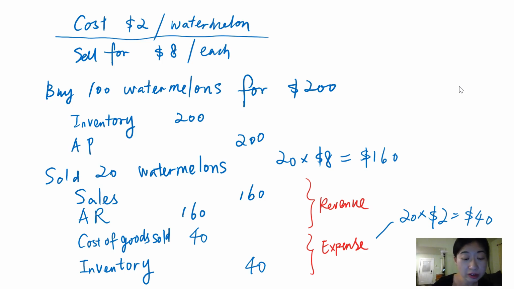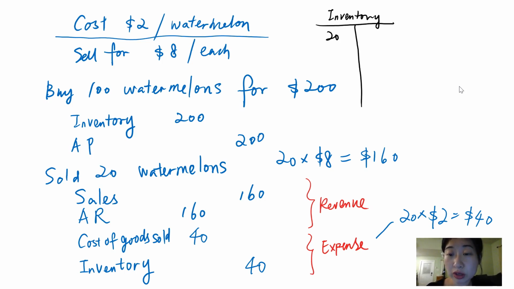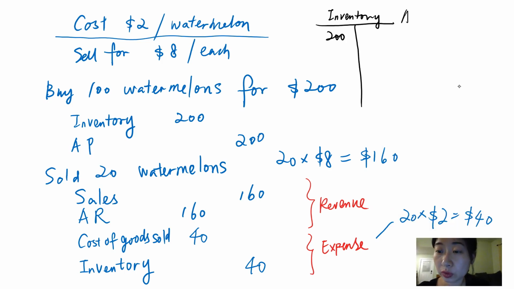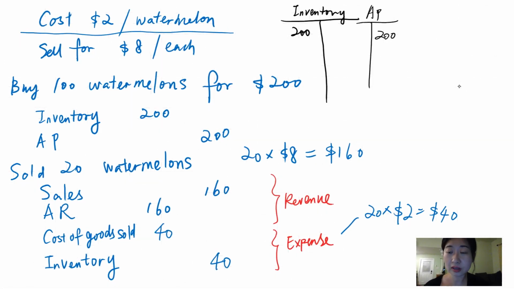All right, so now if we draw a T account for these, just as a summary, we purchased inventory. We purchased more watermelons earlier. We did purchase $200 of watermelons, and we owed $200 to our suppliers. And then we sold watermelons to customers.